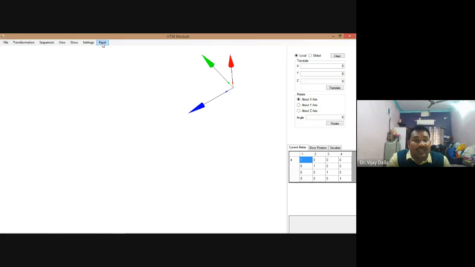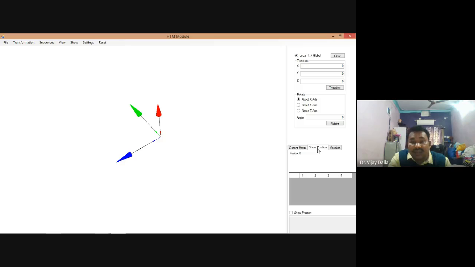So this is for resetting. Initially, we want the isometric view.